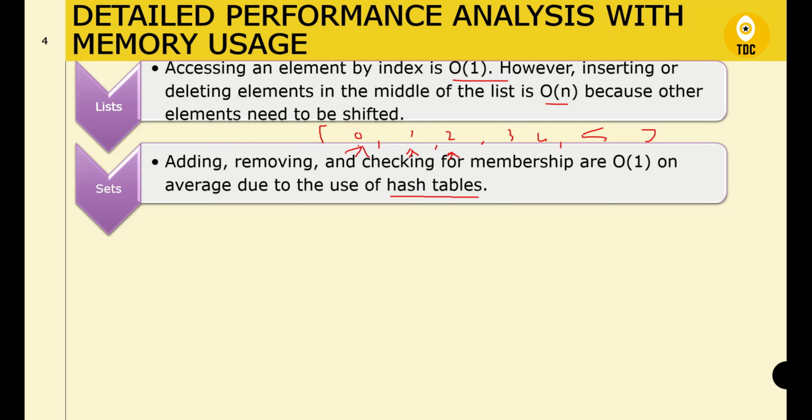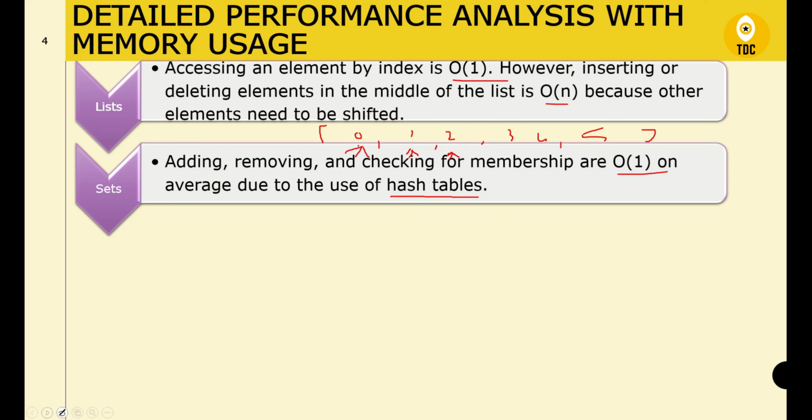Hashing is one of the techniques to index data, and it helps in faster retrieval or storage of the data so that it can be retrieved faster using hash keys. Because set uses hashing internally for the implementation, it is a bit faster, and it is just big O of 1 complexity whether you add, remove, or check membership.